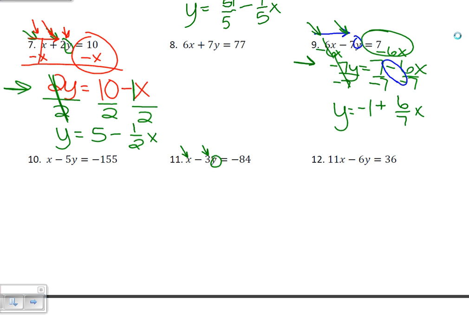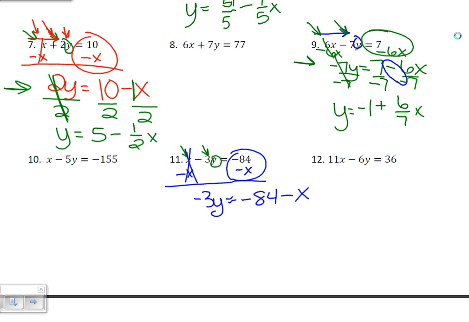So if we're going to get rid of addition and subtraction first, we're going to get rid of that x. So the opposite of positive x is minus x. Alright, so our x's cancel. So I'm left with negative 3y equals, again, we cannot combine these, so we're just going to write exactly what it says. Negative 84 minus x.